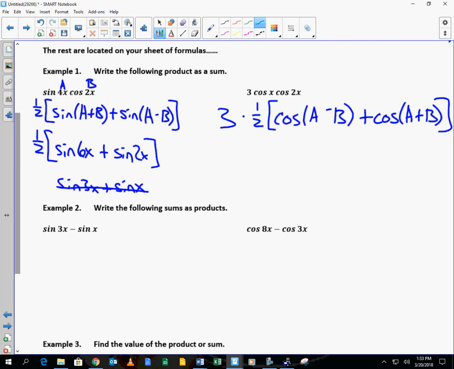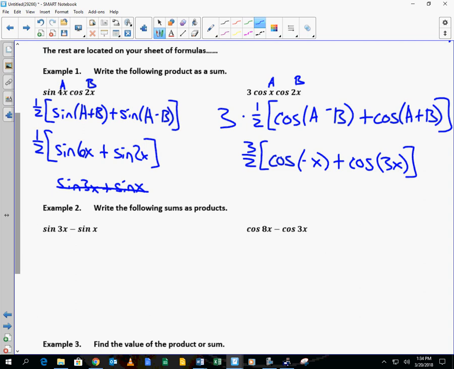Okay. All right, so what's A in this problem? X. What's B? So I get 3/2 times the cosine of, what is A minus B? Negative X plus cosine of 3x.